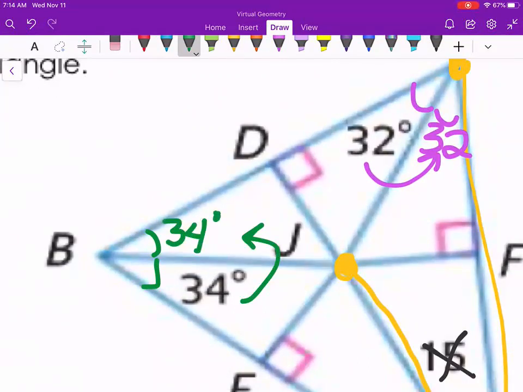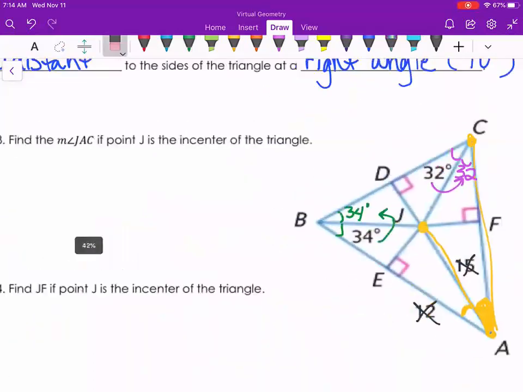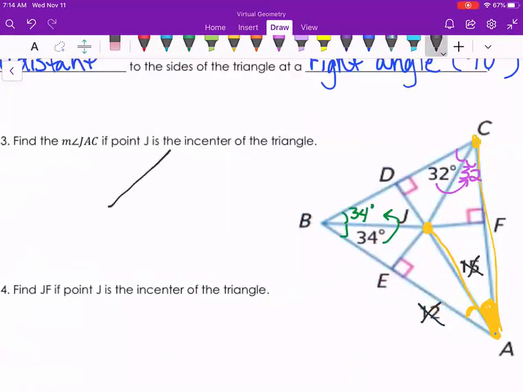So now if we look at the big triangle that's going on here, let's say I redraw that triangle for a second. We've got A, B, and C. And let's ignore all the information that's going on the inside right now.